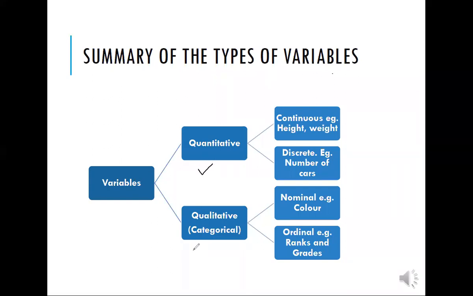Examples of quantitative are number of children, weight, number of cars, price of shoe, whilst qualitative will be your nationality, your gender, your color, your rank, and so on.